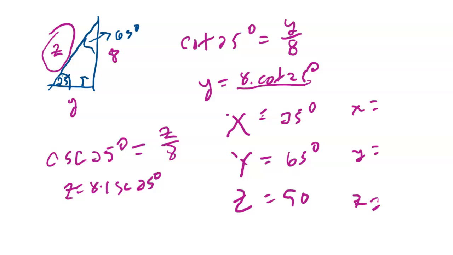What's different? I don't know. Y, I'm going to write as 8 times cotangent of 25 degrees, and z is 8 times secant of 25 degrees. Otherwise, I'm done. 5 minutes, first 2 problems are done. We gotta get to 17, so we should extrapolate. I don't know what's gonna happen.